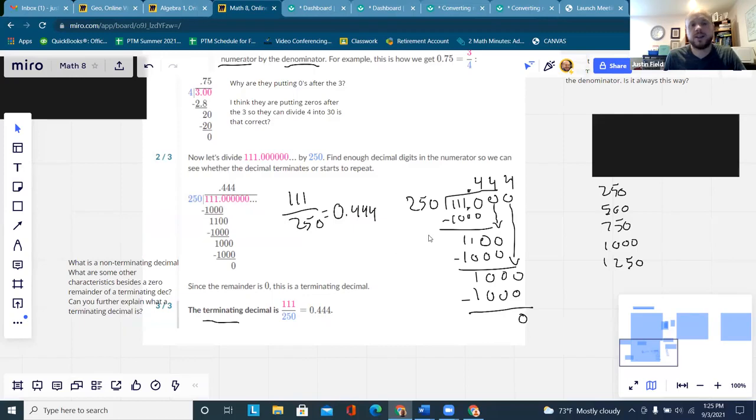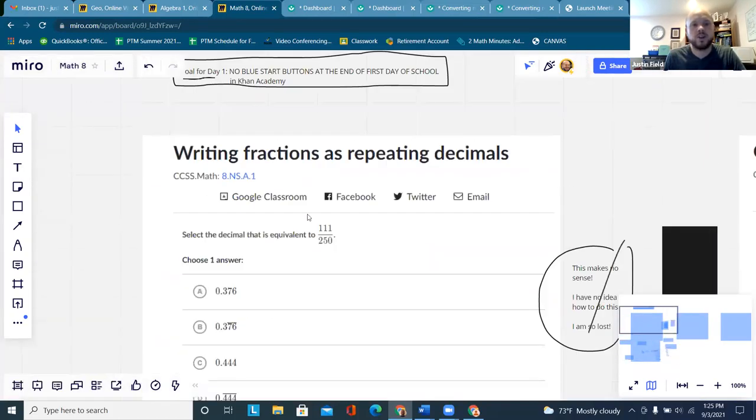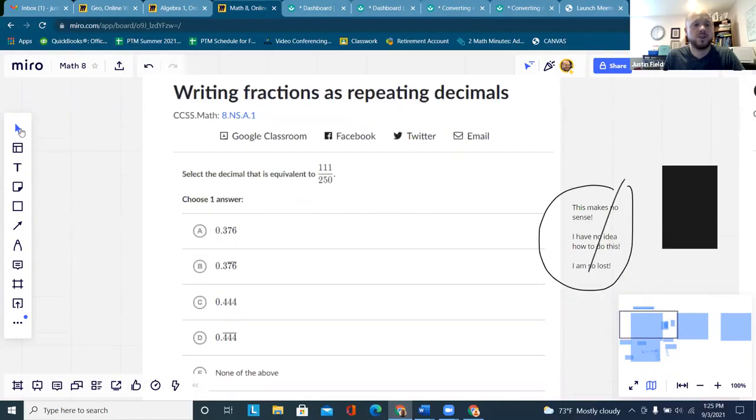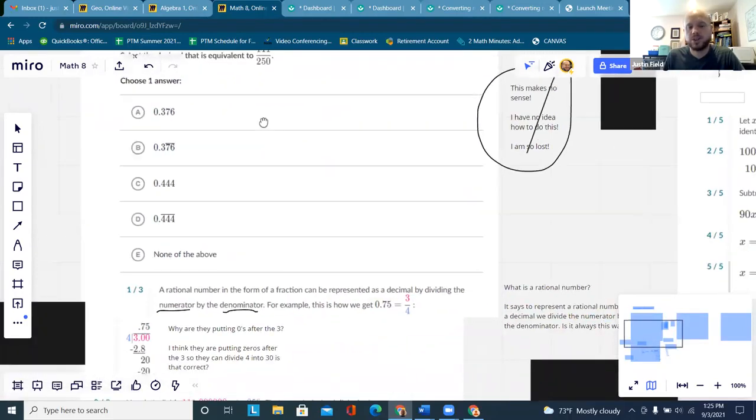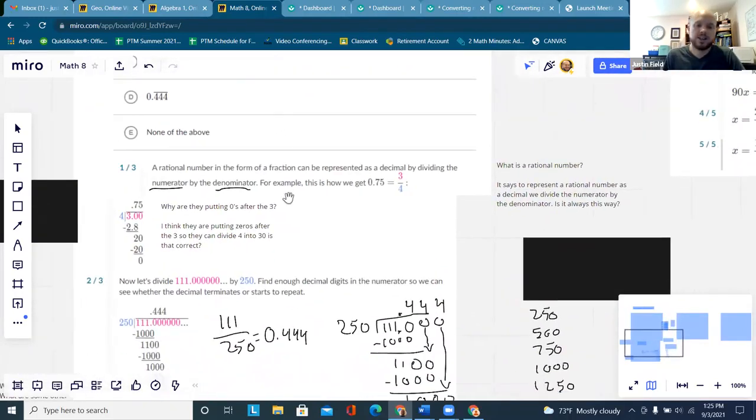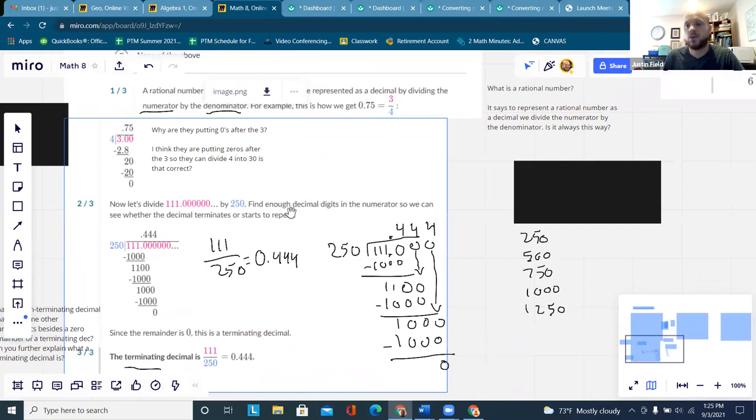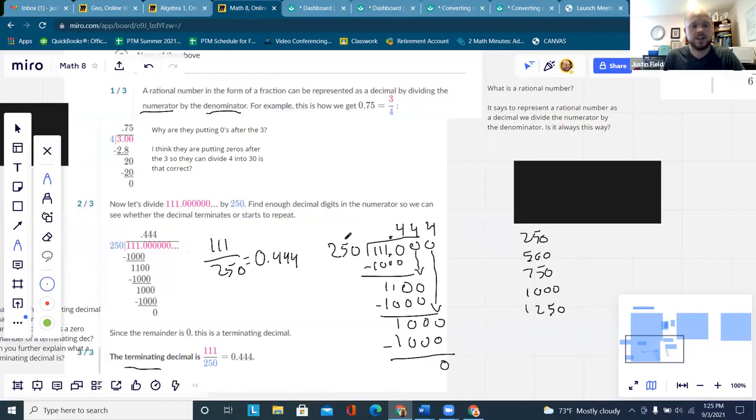So that is an example for writing fractions as repeating decimals, although, as you can see, there's also terminating decimals. So what about repeating decimals, right? Well, the thing is, you're going to use the same process, whether the fraction repeats or terminates, you're going to put the denominator.